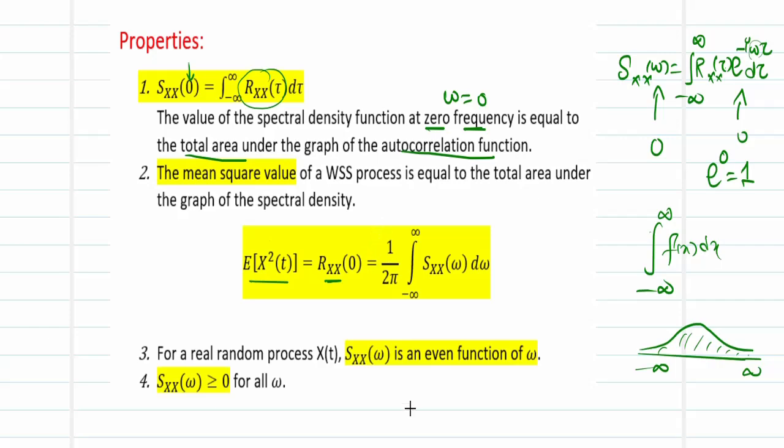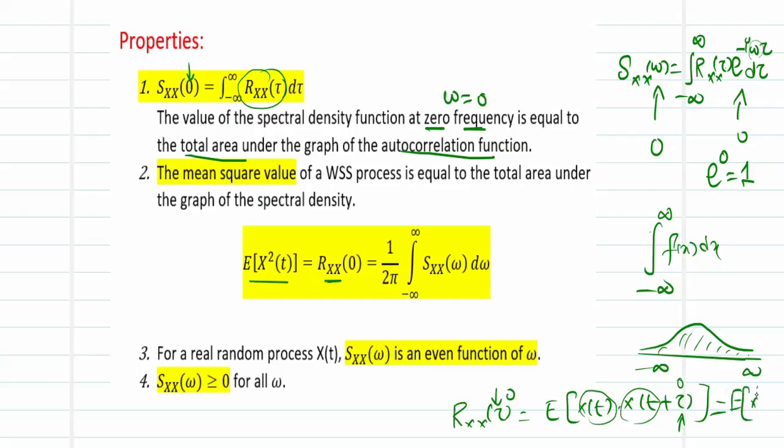Whenever we have the function Rxx of tau, it is the expected value of x of t into x of t plus tau. When tau is equal to 0, this becomes x of t into x of t. Hence you have the expected value of x square of t, which is nothing but Rxx of 0.